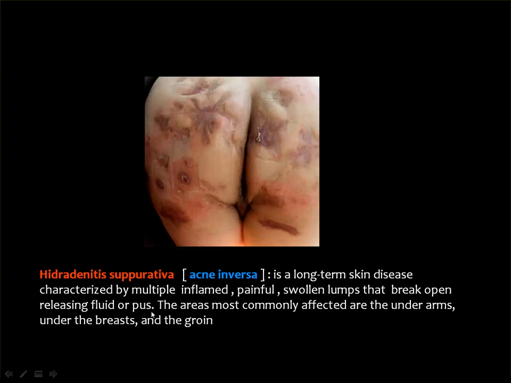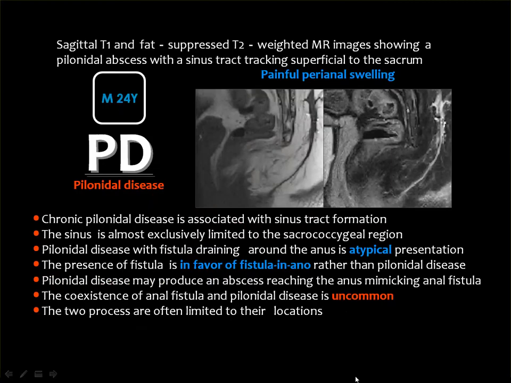The most commonly affected areas are under the arms and under the breasts and in the groin. And this is a gross appearance. And here you see a pilonidal sinus, which is of low signal in the T1 and high signal in the T2, and goes in the subcutaneous area.